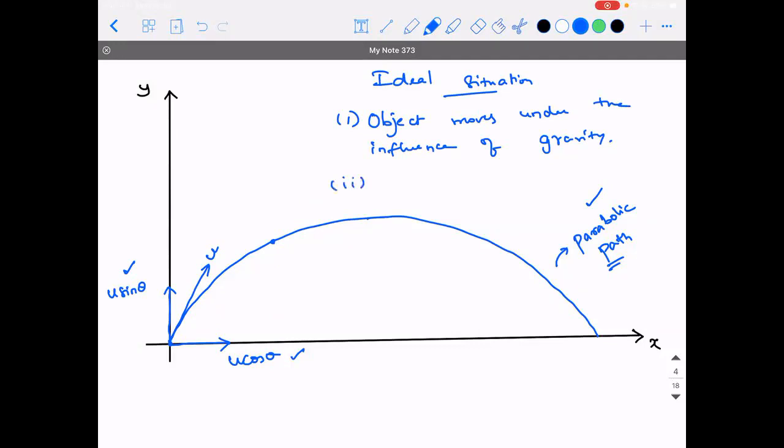Second, there is no resistive force acting on the particle. What do I mean by resistive force? Whether it is air resistance or a drag, or if it is inside water, the viscosity, all these are called resistive forces. So there is no air drag acting on this particular particle during the course of its motion. Accepted? This is theta.